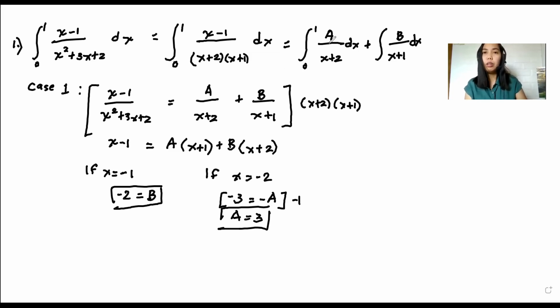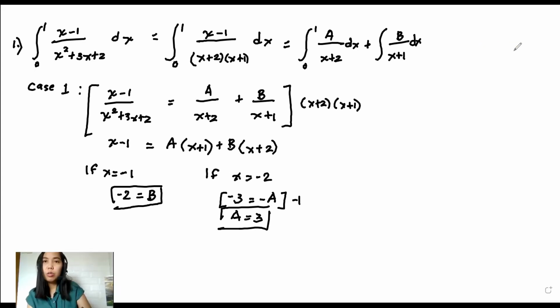So we'll go back here, then we're going to integrate. The value of a is 3, so this is also equal to 3 over x plus 2 dx, or we put 3 outside the symbol, 3 dx over x plus 2.